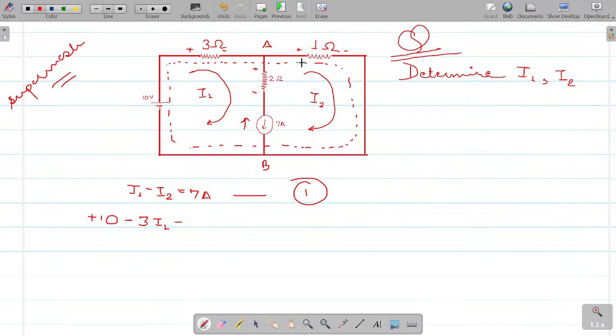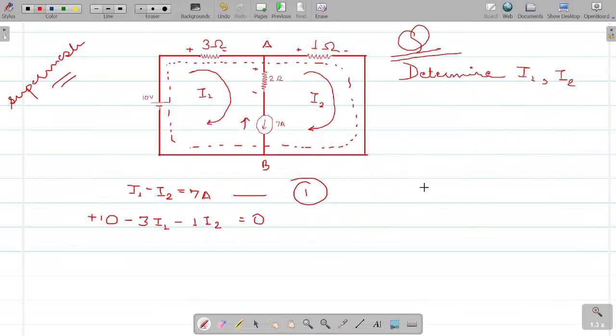You'll directly reach here, and this time the current will be of the second mesh. So what will I write here? Minus 1 times I2. Again, I am completing the loop here, equals to 0.